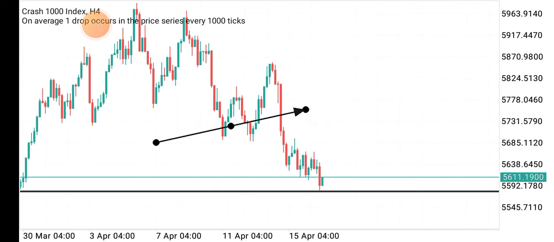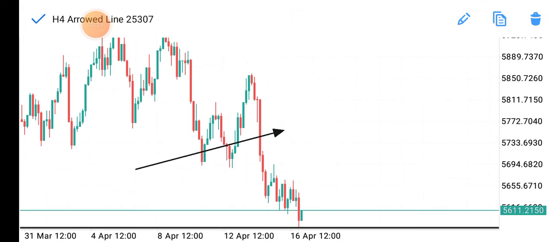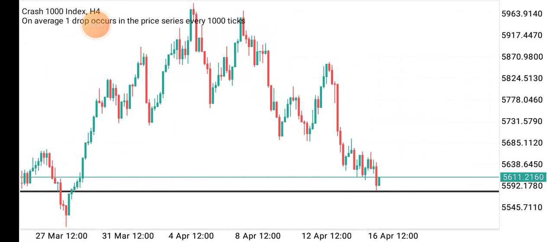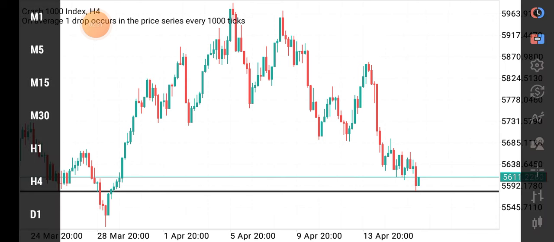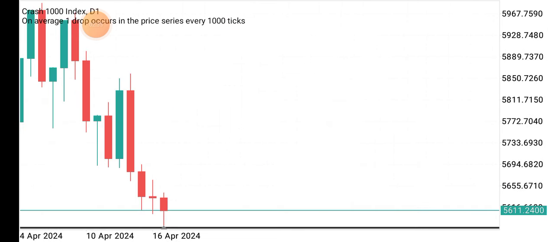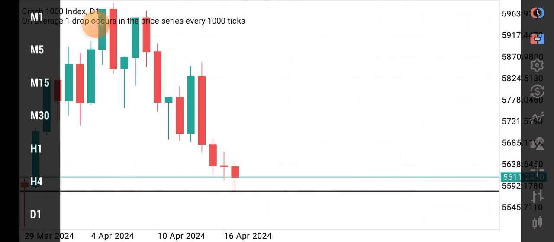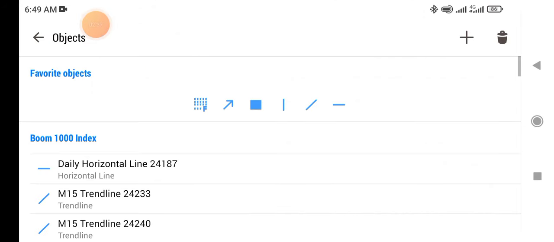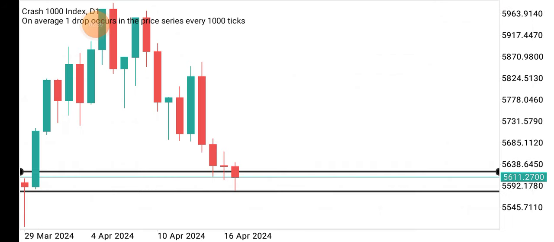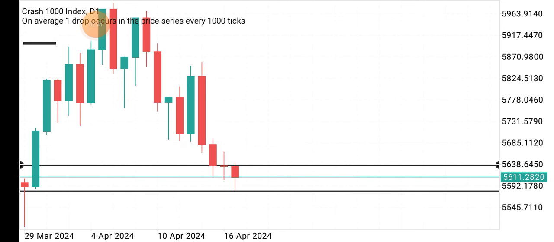Then if we go to the daily time frame, let me show you something. The last strategy I shared with you guys was about the small body of a candlestick after a big bodied candlestick.